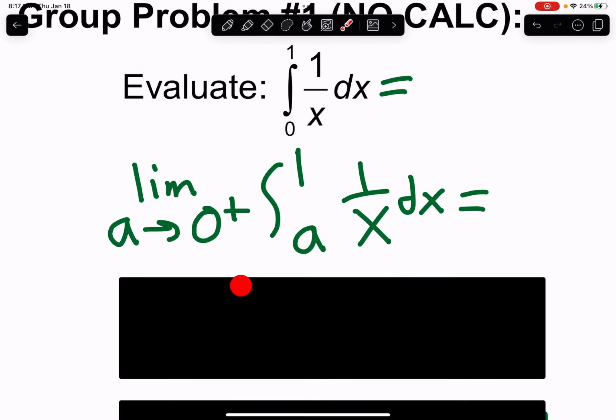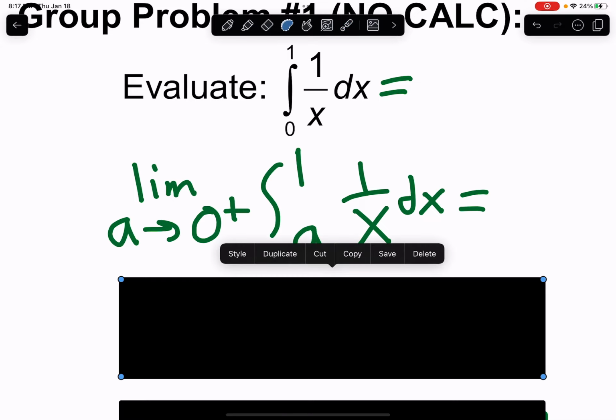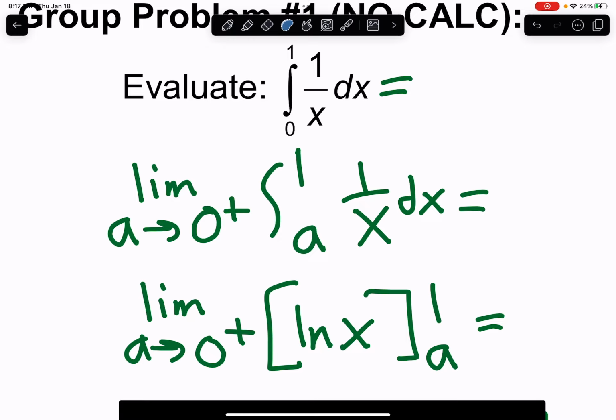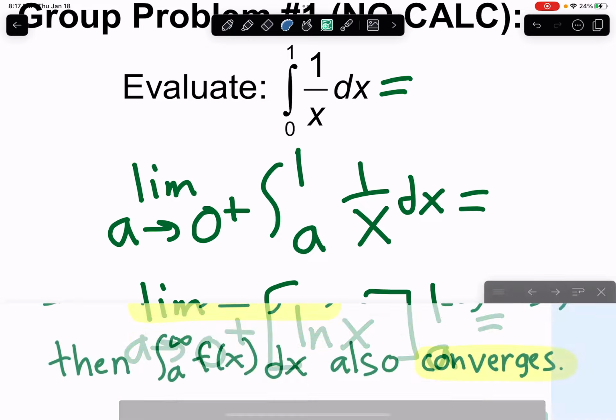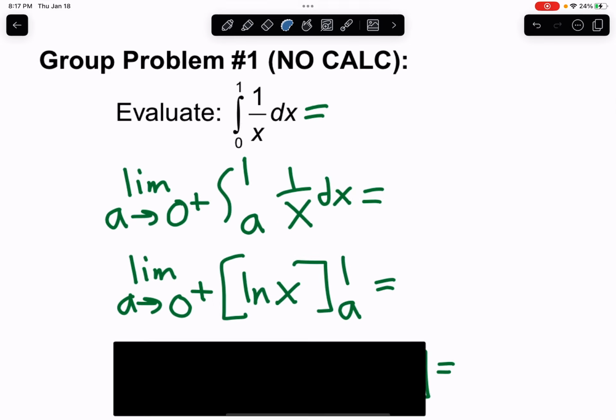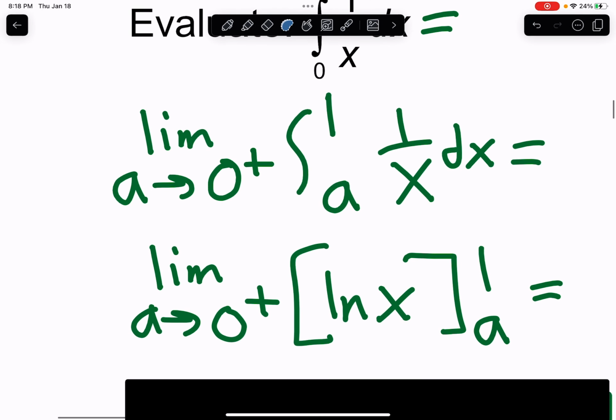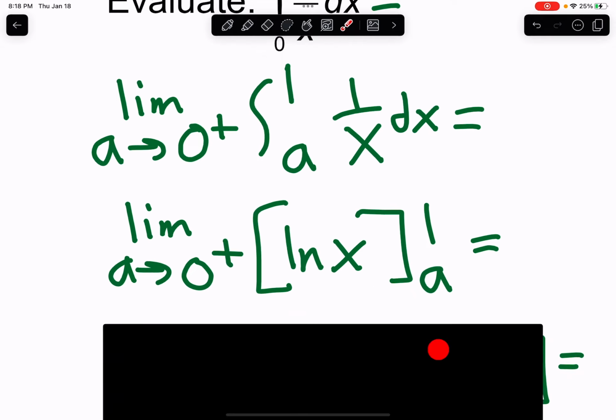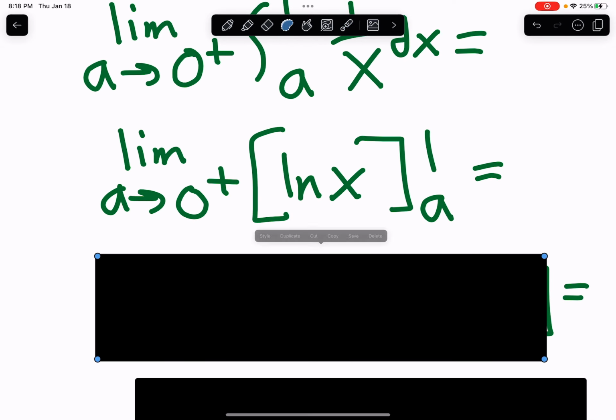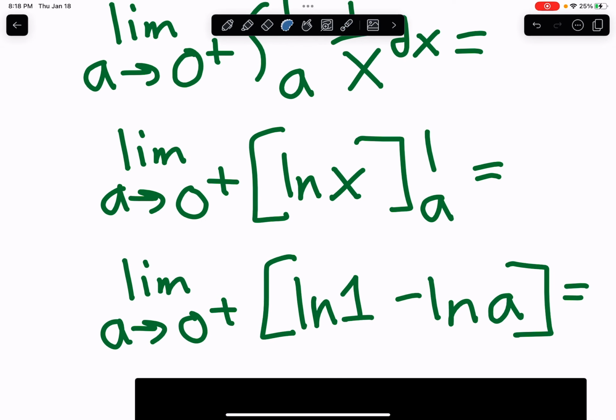It's the same idea. We're going to do our antiderivative first, and that is going to give us natural log of x. Some of you might be going, don't we need absolute value? In this case, we don't, because we're only dealing with positive inputs. Now this is from a to 1, so let's do the fundamental theorem and plug those in.